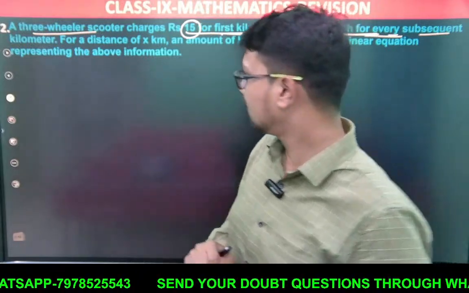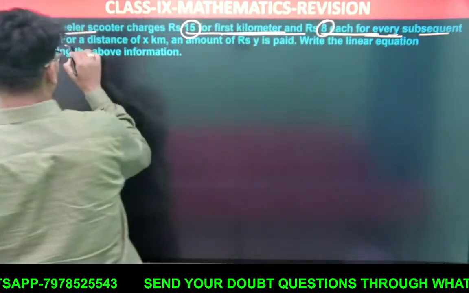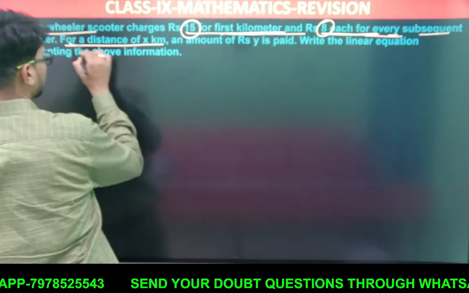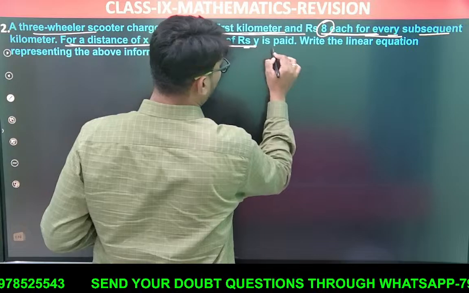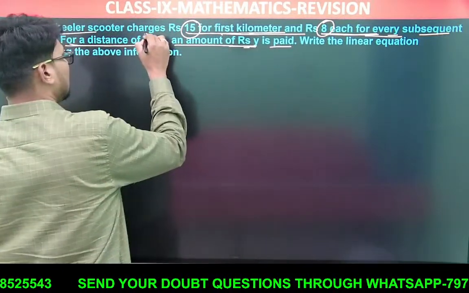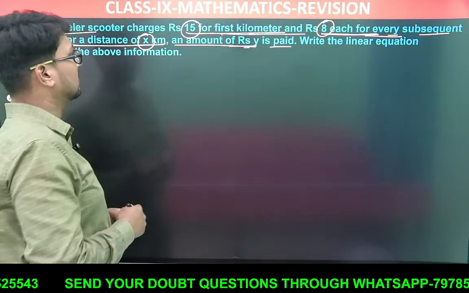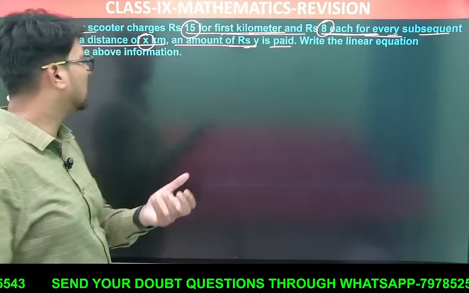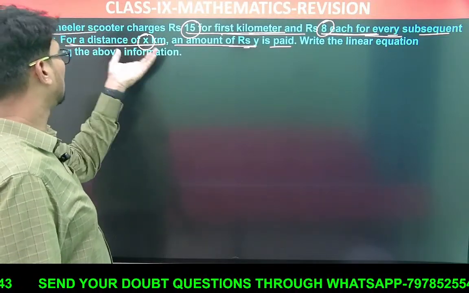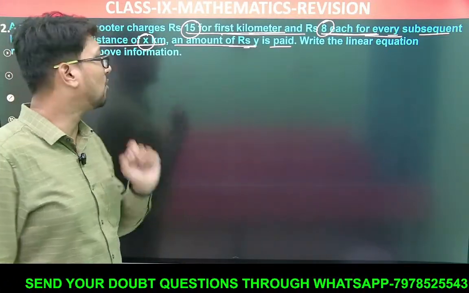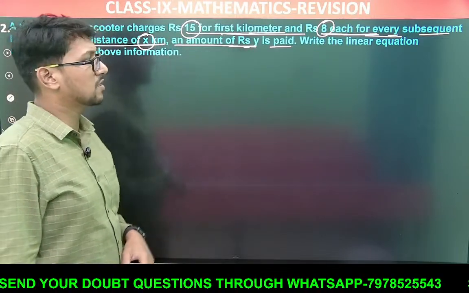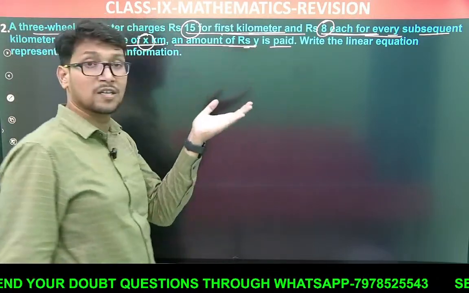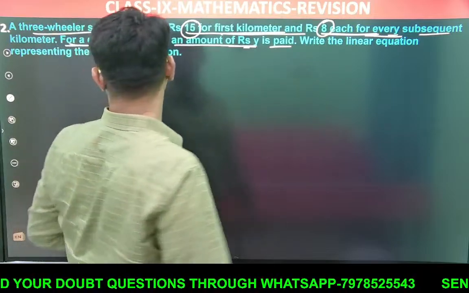So the question says for a distance of x kilometers, an amount of rupees y is paid. Means if a passenger has to travel x kilometers with that auto, he has to pay y rupees. So by this information, we have to write a linear equation.